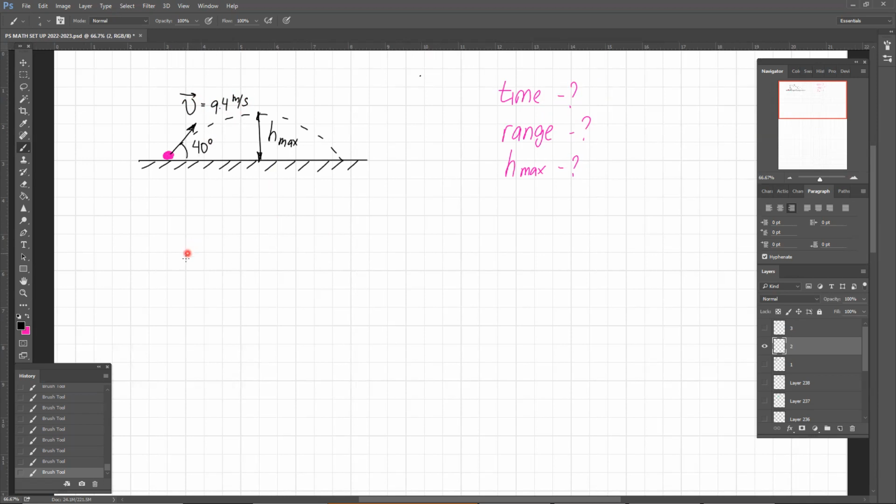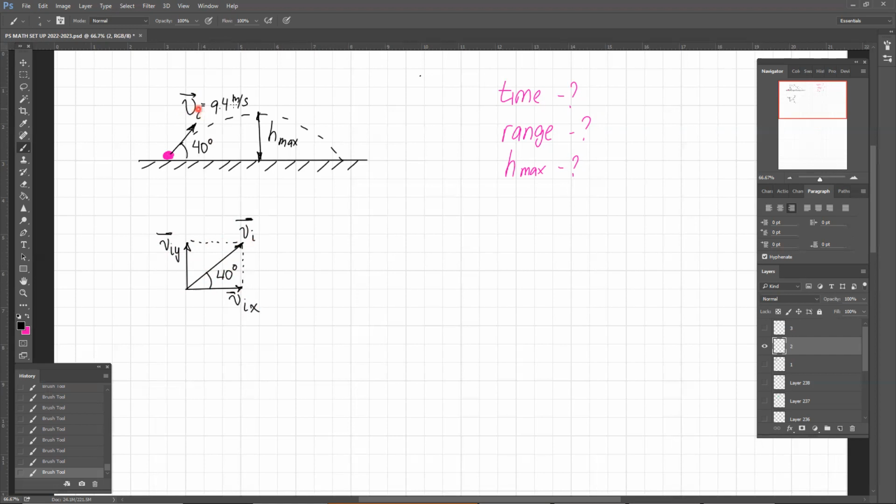First, before I go ahead, let me just work with the velocity vector and break it down into components. So this will be the horizontal component, v initial x. This will be the vertical component, v initial y. And the angle is 40 degrees.